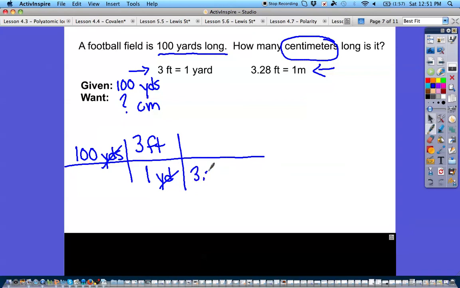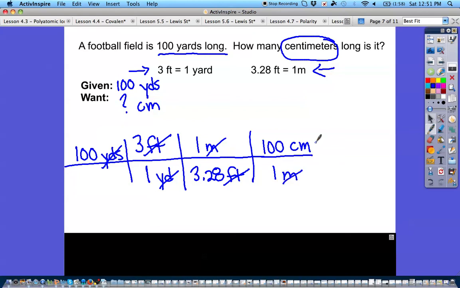So 3.28 feet, 1 meter here. Feet are going to cancel out. I don't want meters, so I'm going to go 1 more. In 1 meter, we know that there is 100 centimeters. So again, I put meter on the bottom because I have meter on the top here. So that leaves me with centimeters.